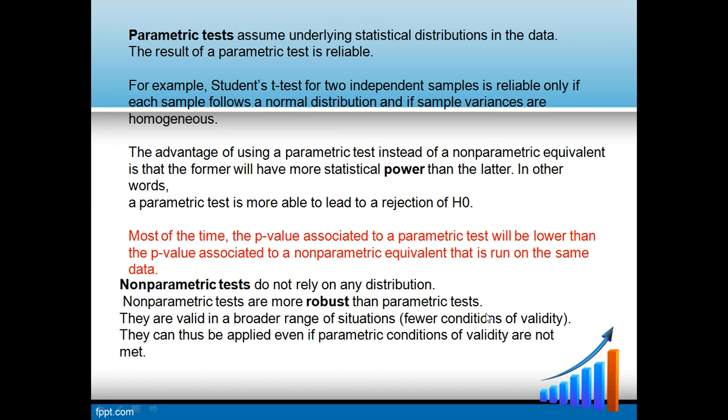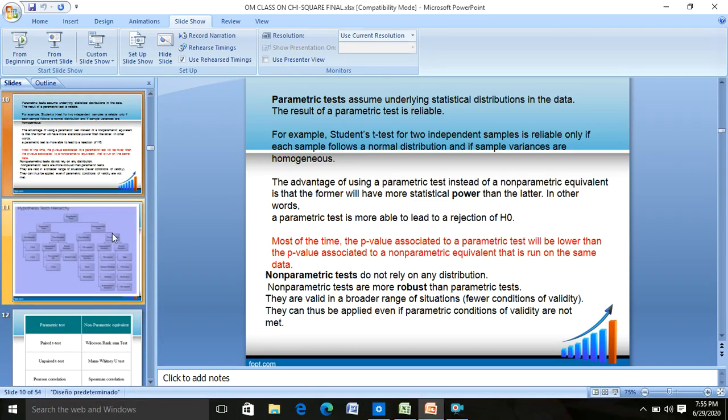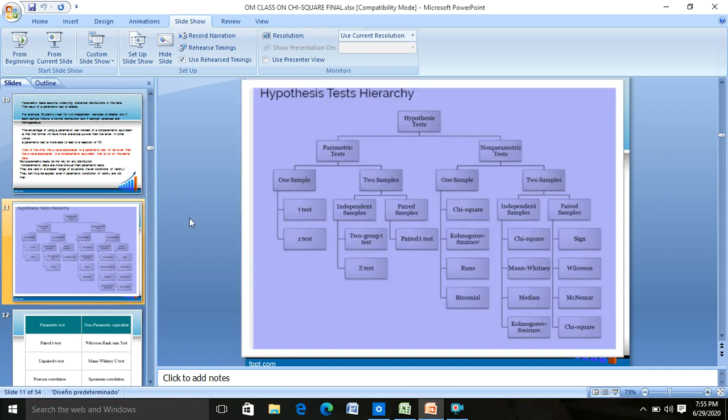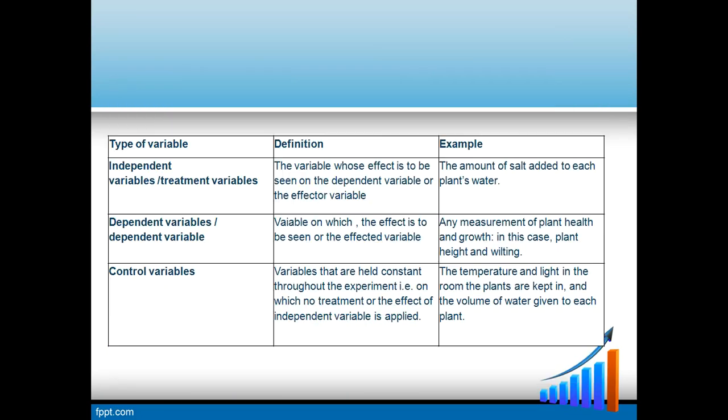They are more robust than parametric tests and valid in a broader range of situations. So non-parametric tests are valid on a wider range of data, but parametric tests are more reliable.